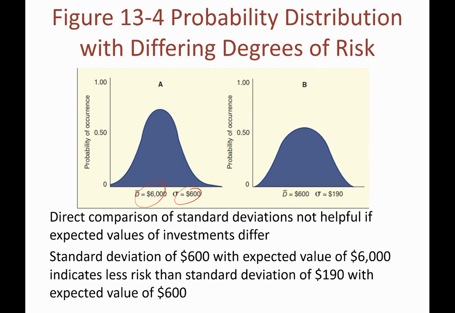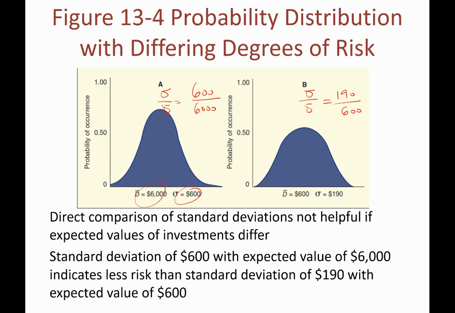So if you want to understand this further, you take your 190 and divide it by 600. And you do the same thing here: you take the 600 and divide it by your 6,000. In this case, you are taking the standard deviation divided by the expected value, and that gives you a clear cut on what the risk is for each return.